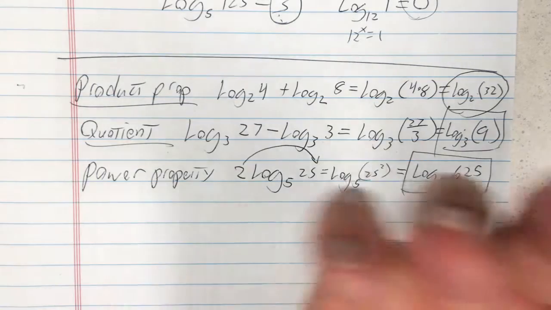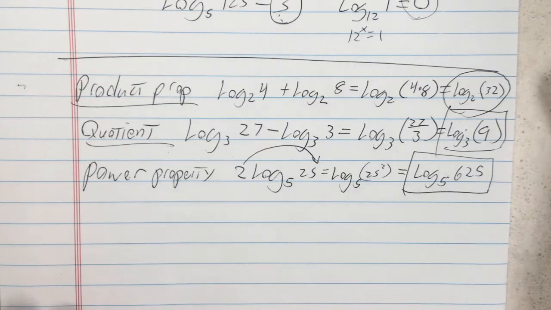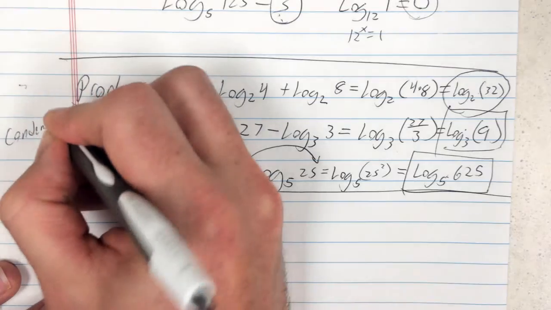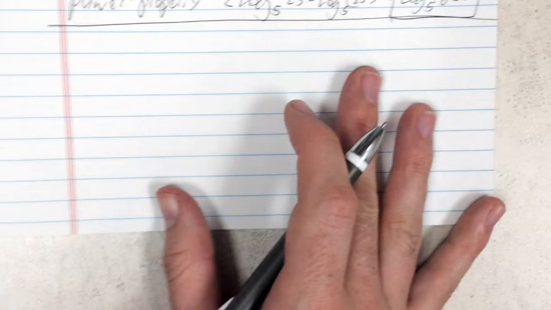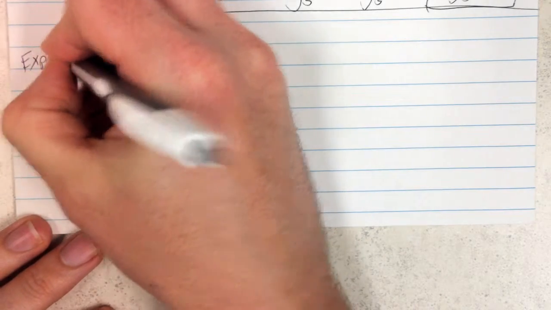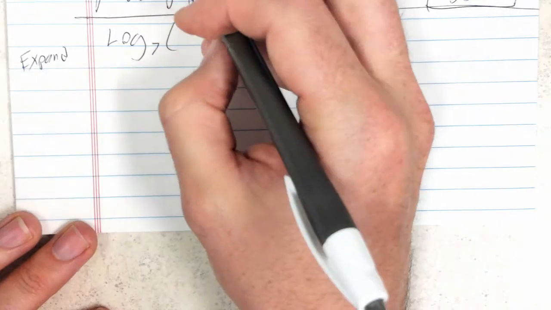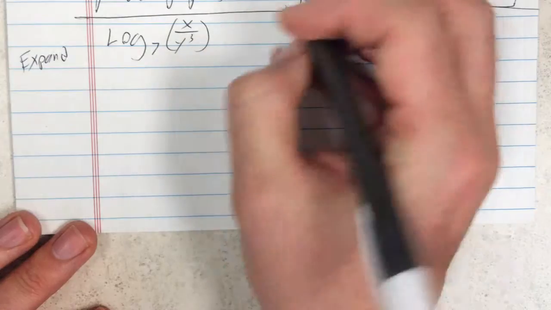All right, the opposite, so this was all condensing. The opposite is expanding, going from one log statement and expanding that out. So this was condense. The next is expand: expand log base 7 of x divided by y to the third.